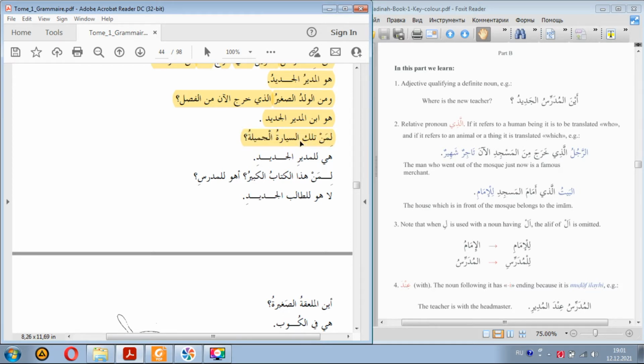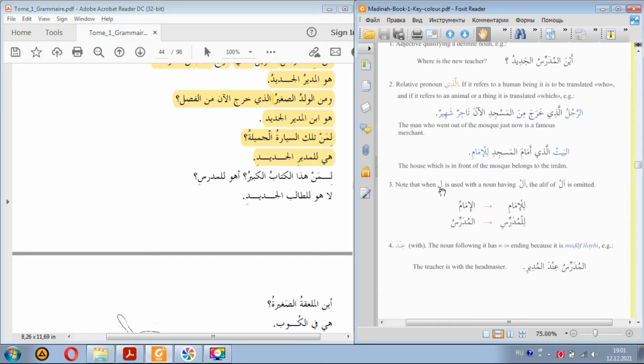لمن تلك السيارة الجميلة. Whom does that beautiful car belong to? هي للمدير الجديد. It belongs to the new headmaster. And it says, know that when lam is used with a noun having alif lam, the alif of alif lam is omitted.